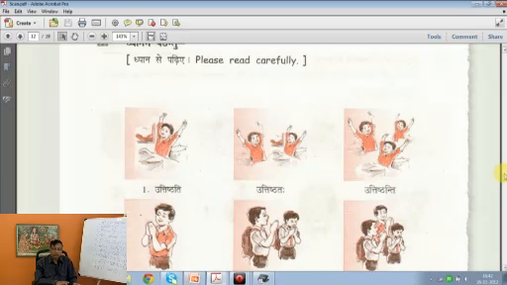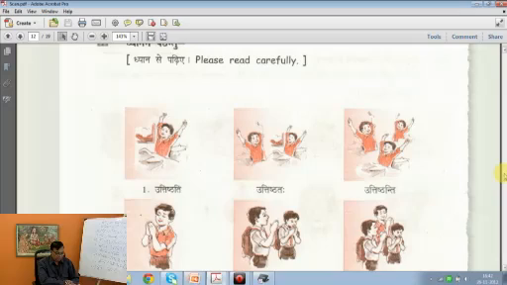Now, what are the three numbers? Numbers are three for both verb and noun. A noun is derived in three numbers: Ekavachana, Dvivachana, Bahuvachana. Since the noun has three numbers, the verb has to have three numbers. So here you are introduced to that.